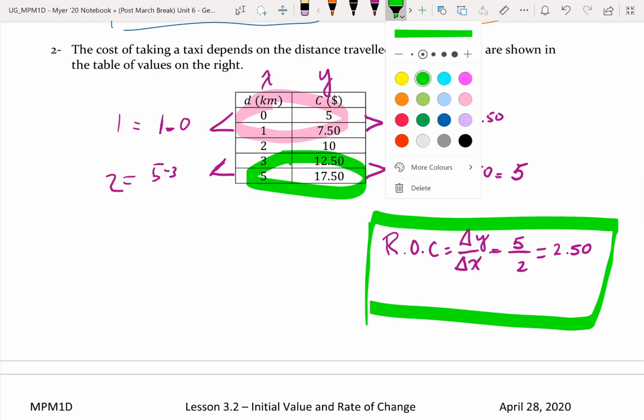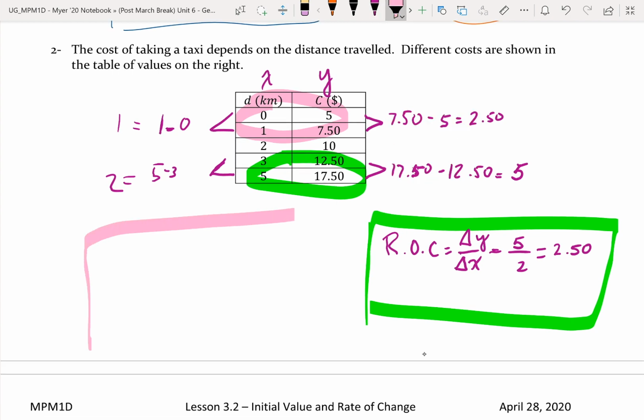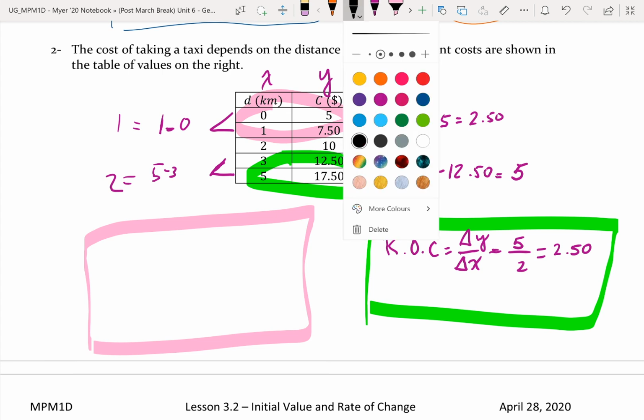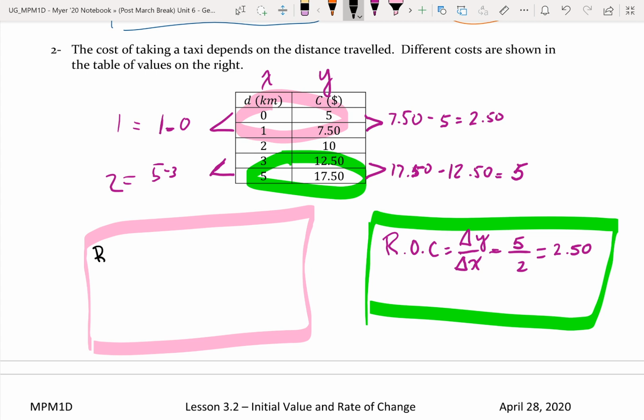Now let's look at if we did the top example as well. So if we did the top example, same thing. So my rate of change is equal to, and I had 250, and I can divide it by 1. And any number divided by 1 is just going to be the number on top. So 250. So that's my dollars per kilometer.